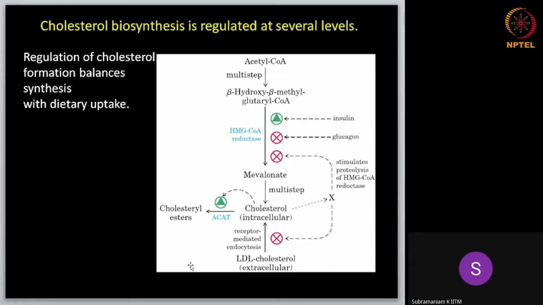So these are the ways in which cholesterol biosynthesis is regulated. Essentially, you balance the synthesis with the dietary uptake. When you have plenty of dietary cholesterol available, then you don't synthesize, you turn it off. Instead you take it up and convert it into cholesterol ester and store it. So these are the two important ways in which cholesterol biosynthesis is regulated.